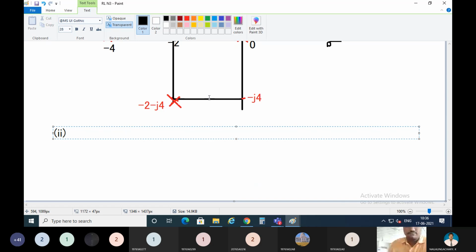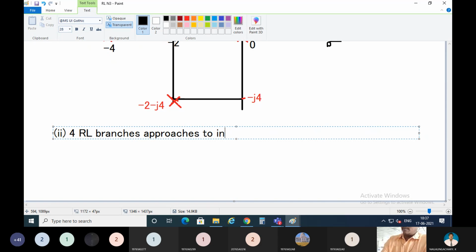So next, how many root locus branches approach infinity? Four root locus branches approach infinity.